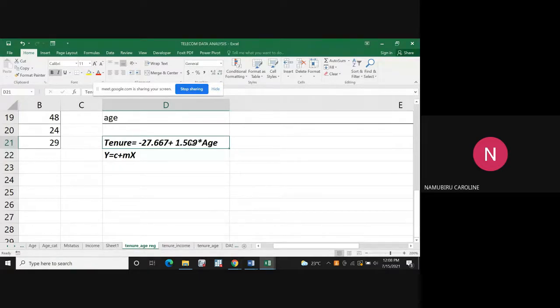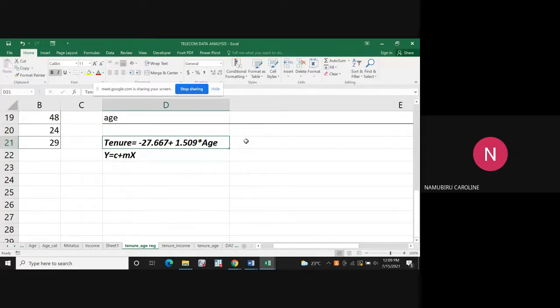So what we normally say is that an increment in age by 1 year, because age was measured in years, is going to increase tenure by 1.51 months.